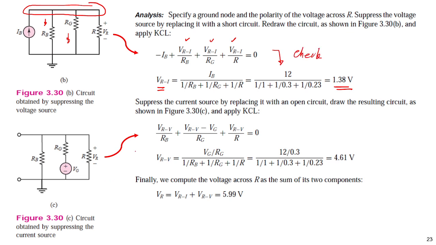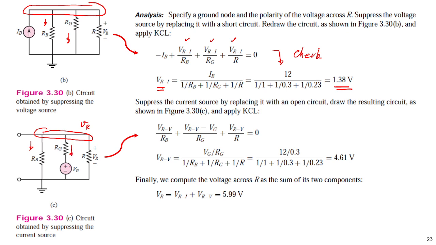Then for this circuit, you apply KCL also, right? This is VR. Then the current flowing here is VR by RB.